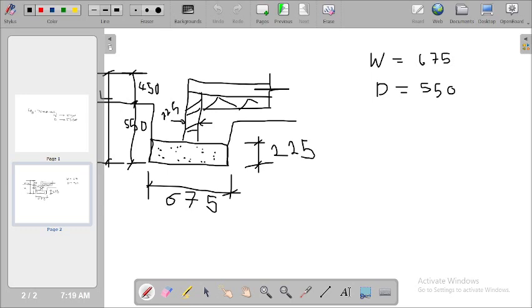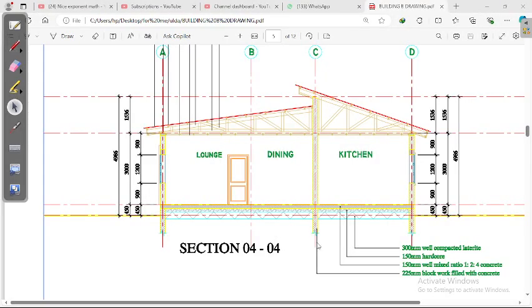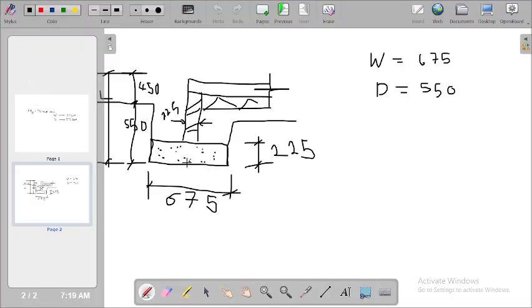So I pulled up the drawing showing us the thickness of the block work, and the thickness of our foundation block work is 225. So if our foundation block work is 225, then the width of our foundation concrete, that is the strip foundation, will be 675. That is 3 times the thickness. Then the thickness of the concrete will be 225.